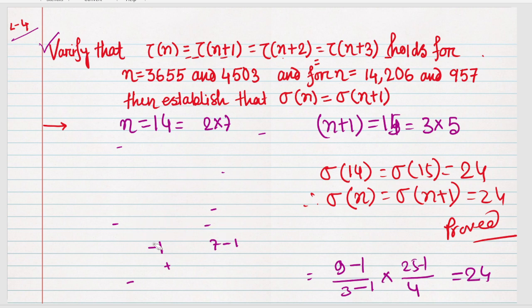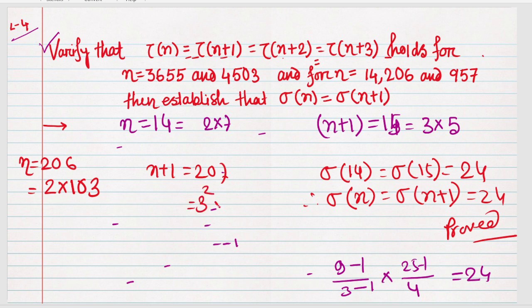For example, if we take the value of n equals 206, I am writing that n equals 206 and n plus 1 equals 207. Obviously 206 has the prime factorization 2 into the prime 103, and 206 plus 1, that is 207, has the prime factorization 3 square cross 23, which is also prime.